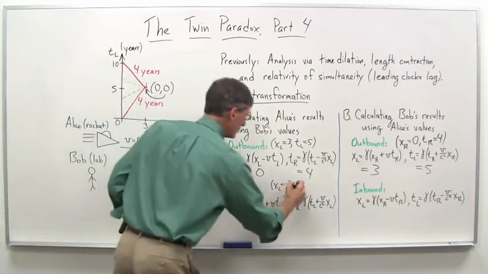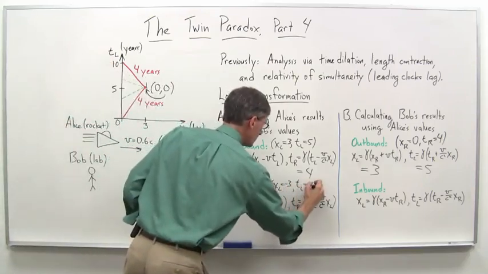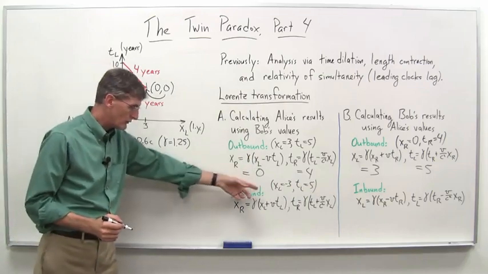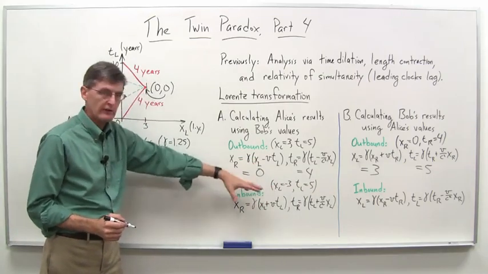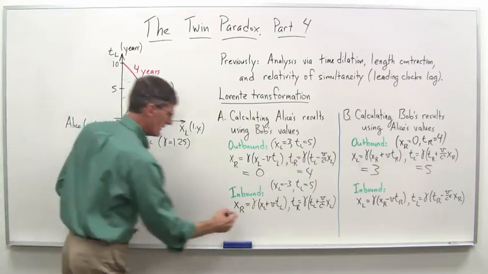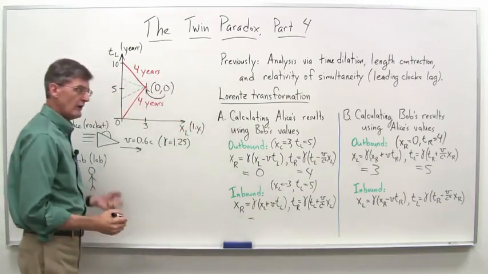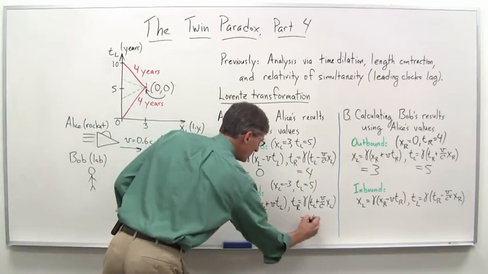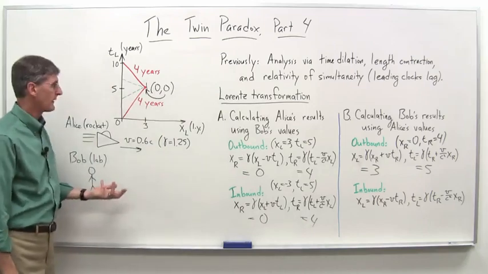So it's really xL equals negative 3, tL equals 5 years. And if you plug in those values, negative 3 and tL equals 5, just from the diagram here, again, you're going to get xR equals 0 and tR equals 4, another 4 years, as you would expect.